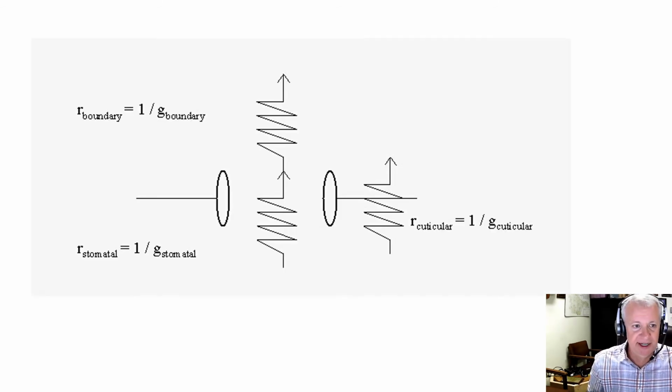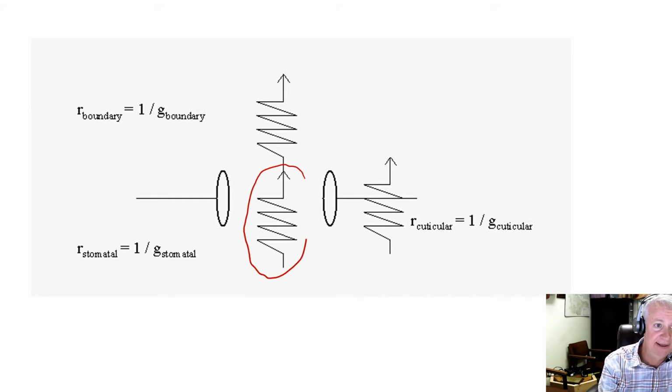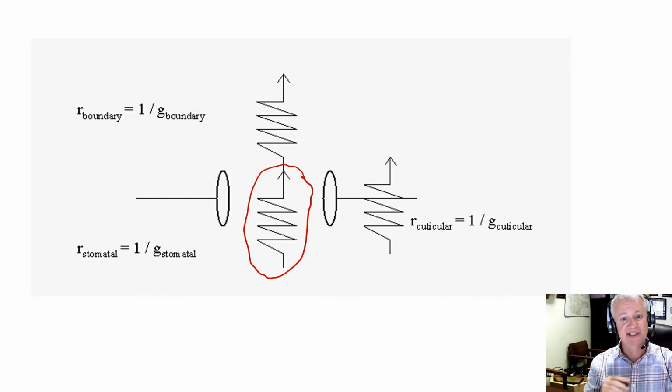Coming back to the bigger picture, recall that there's really three factors involved in leaf resistance. And we've spent a lot of time talking about that stomatal resistance part. But again, there's two other resistances associated with leaf resistance. One of them is boundary layer resistance.